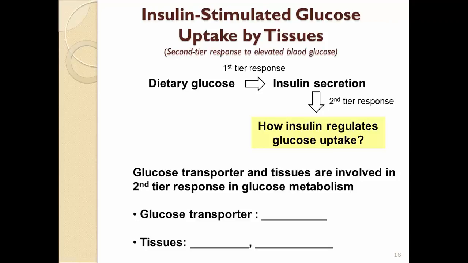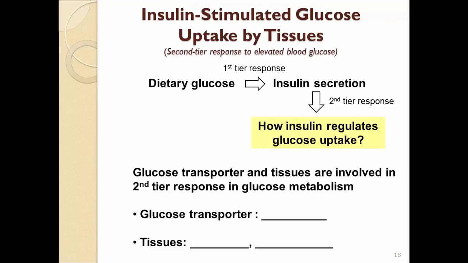in order to maintain the normal blood glucose level after a meal, when our blood glucose level increases and we stimulate two responses, right? The first tier response: elevated blood glucose level stimulates insulin secretion from beta cells in the pancreas.